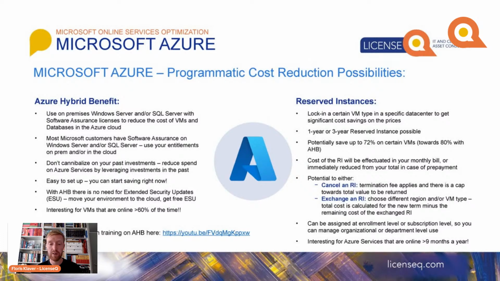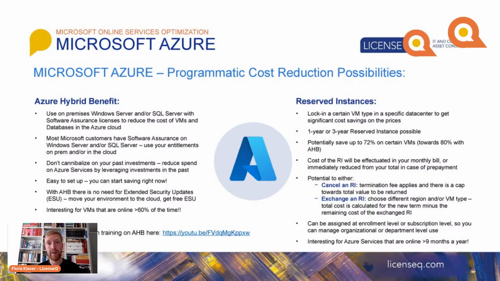Then reserved instances, if you don't know these, and Amazon does this as well. You can lock in certain VMs, VM types in a specific data center, like a D3 V4 VM in Western Europe, for instance. And when you buy a reserved instance for that type of machine in that data center, you can potentially reduce up to 72% on these VM prices.